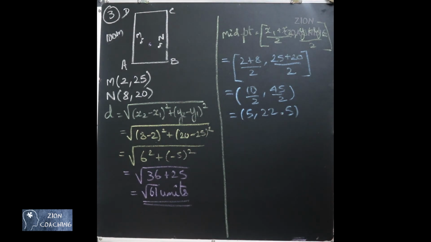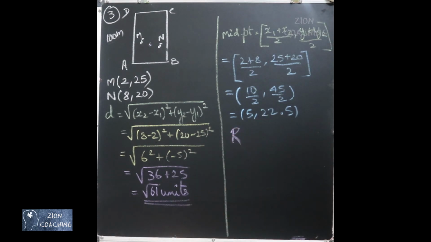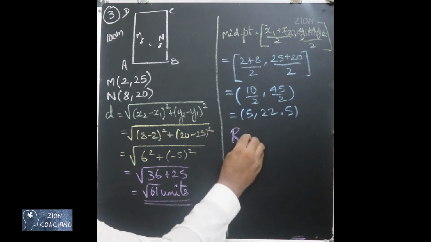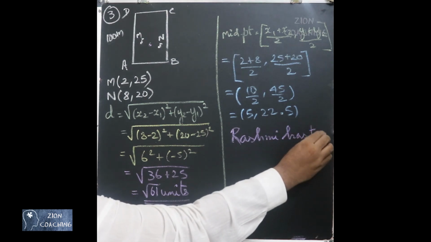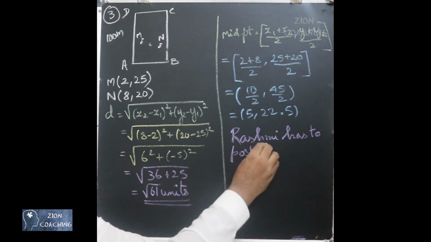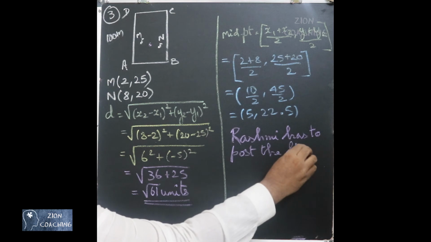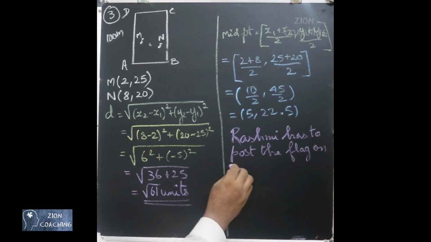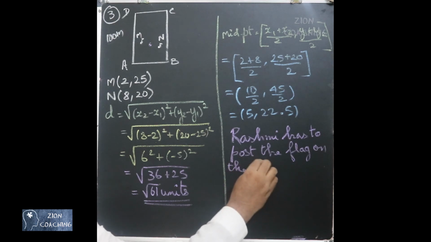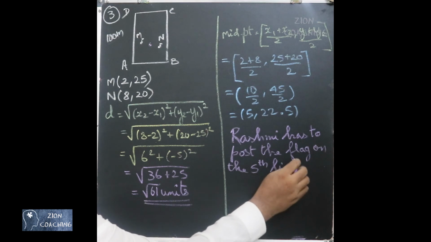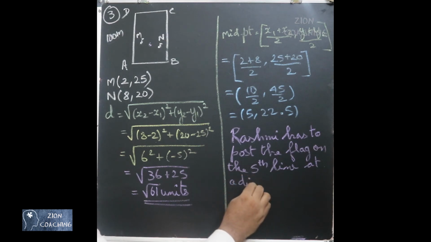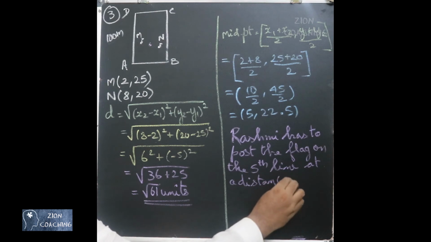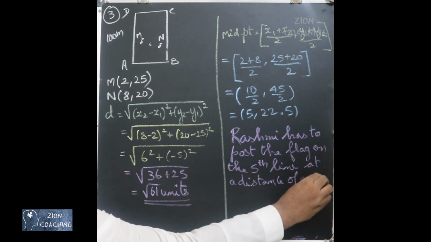So let us write the answer. That girl, Rashmi, has to post the flag on the 5th line at a distance of 22.5 meters.